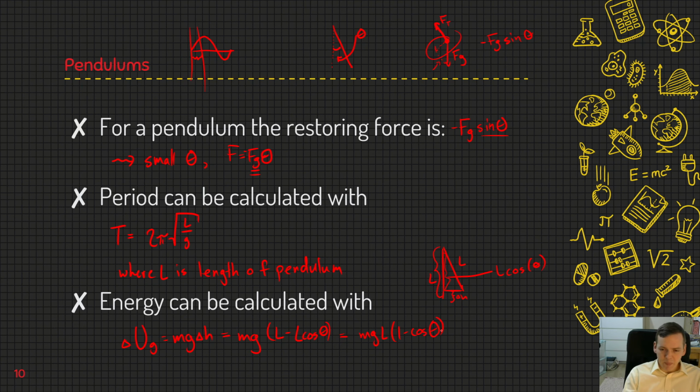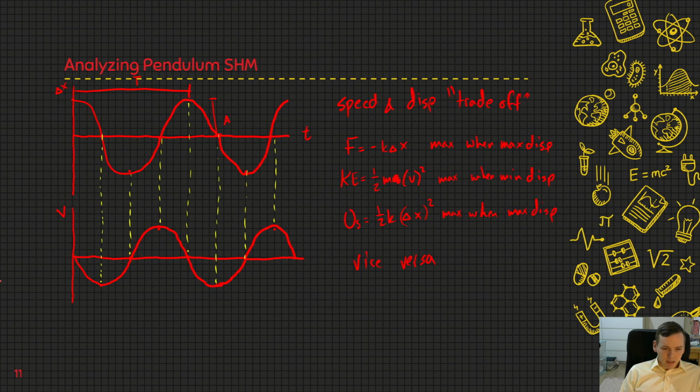So you could also write this as mgL times 1 minus cosine theta. All right, if we want to analyze it, it's almost completely identical to the spring, which is why I just copy-pasted this from the previous slide. If you want to talk about some of the details, you can go back to that. The difference is, instead of delta x, we're going to have theta. You could also put in delta h if you wanted. Instead of displacement in x, we're talking about displacement in theta.